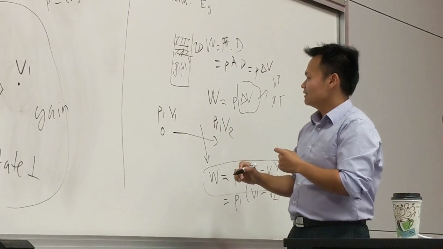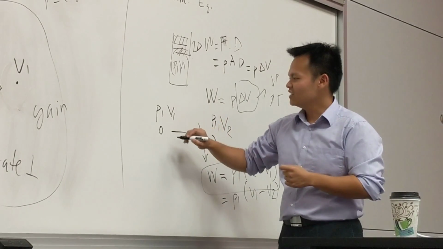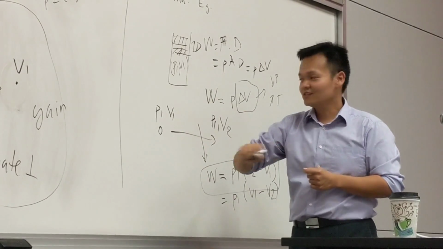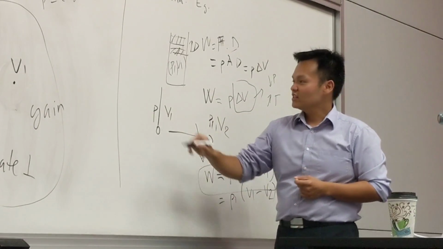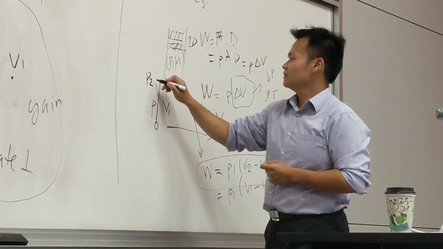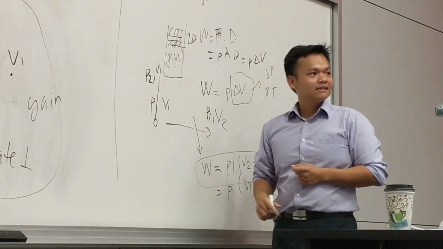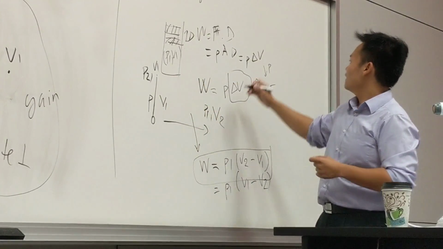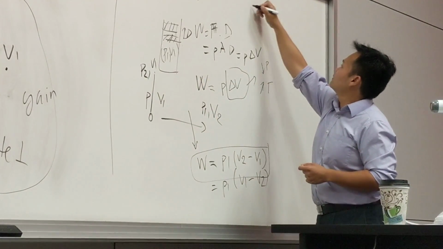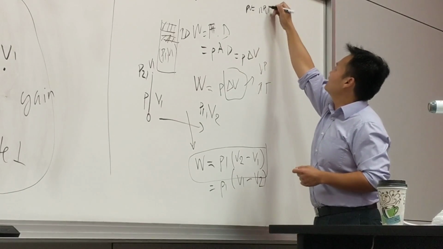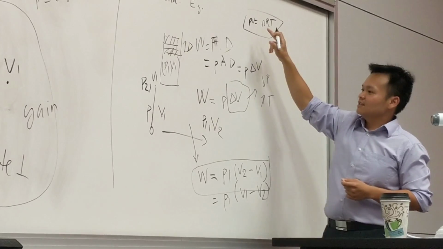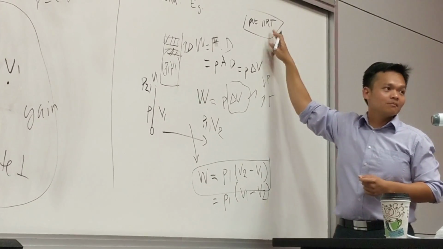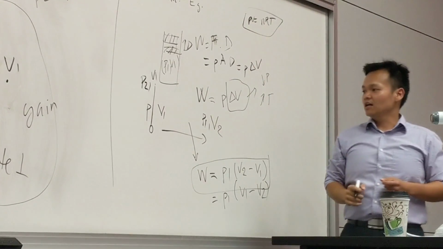Let's say I follow a different process here. I first keep volume constant and raise the pressure to pressure 2, still volume 1. This again follows PV equals nRT; nothing special. We keep volume constant and heat up the system, then the pressure will naturally increase.